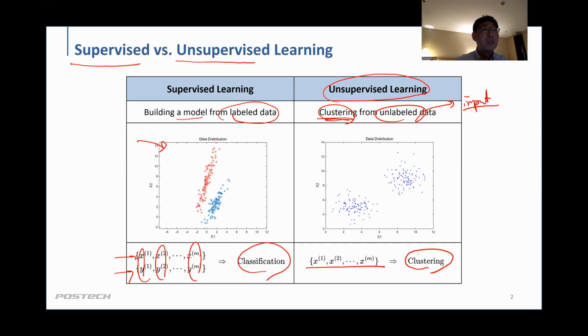Classification is part of supervised learning, as opposed to clustering, which is in unsupervised learning. And there's no term grouping in machine learning. Classification and clustering are both some kind of grouping, but one is with a labeled data set, and on the other side is with an unlabeled data set, without any outputs. That's the biggest difference.